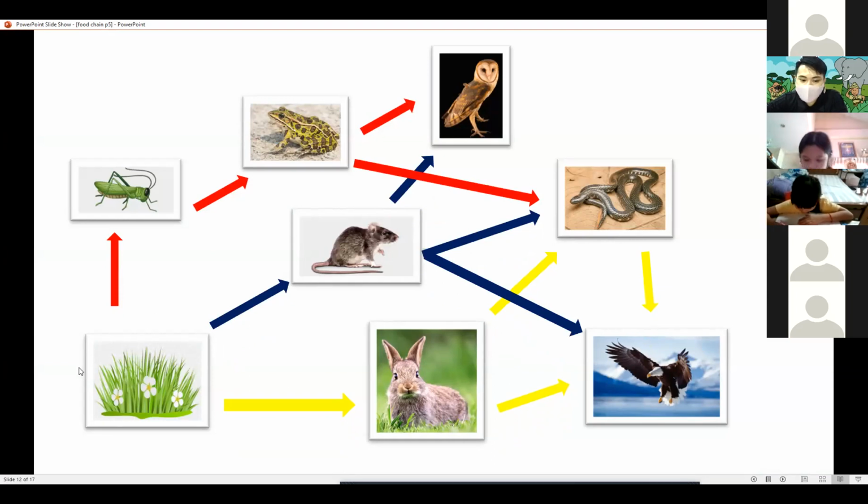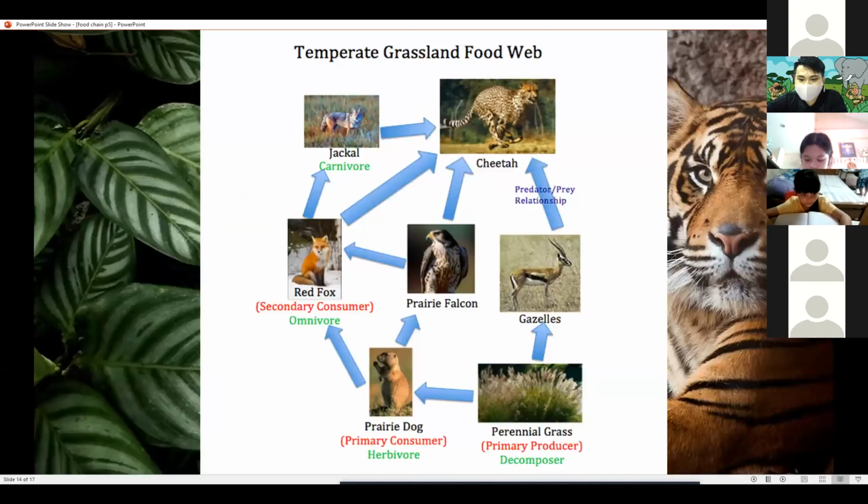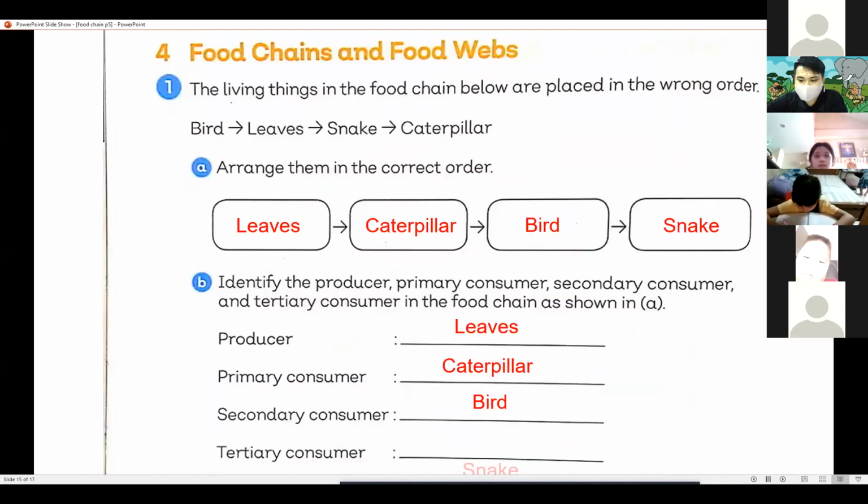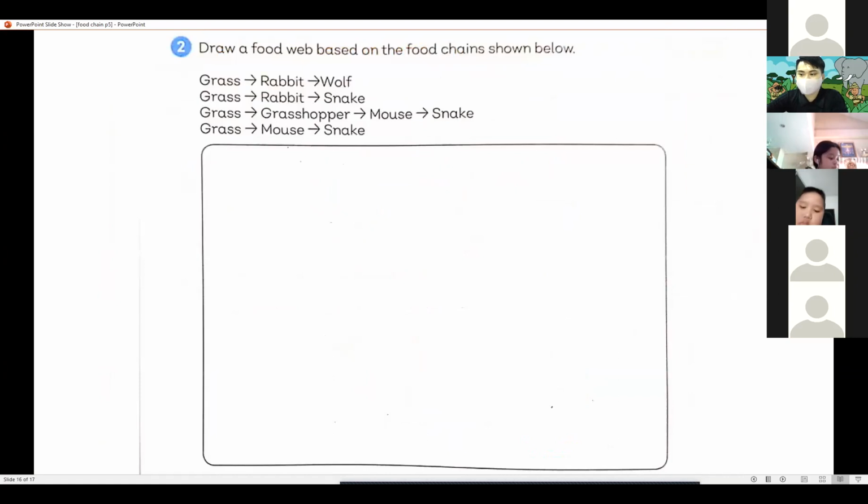Grass, rabbit, eagle. You don't have to draw two eagles or two snakes. No need to draw two rabbits. You understand? Yes, teacher. Very good. I don't know how to draw.